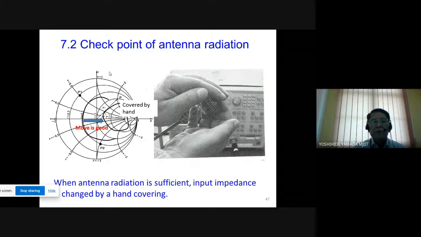And as a checking point, we cover the antenna with our hand. Then if the impedance locus moves, this antenna is working. By covering with our hand, the radiation condition changes, so the impedance moves. In the case of movement, the antenna is radiating sufficiently. However, with no move, the antenna is not radiating.